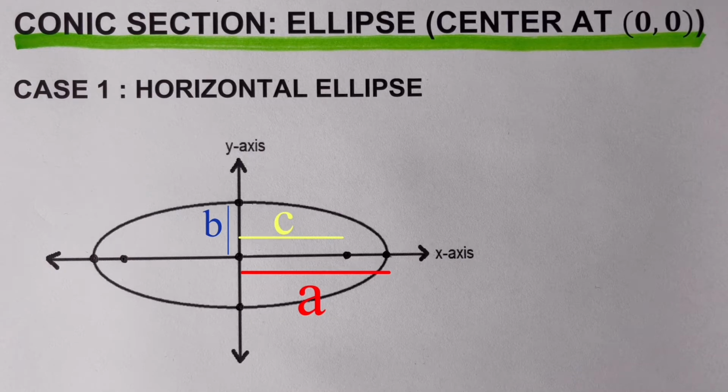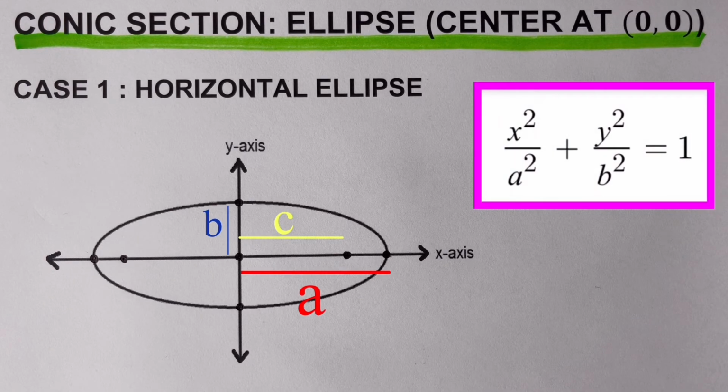Now, using these letters A and B, we can derive the equation of a horizontal ellipse. Using these lengths A and B, we can come up with an equation of a horizontal ellipse, and that is x squared over a squared plus y squared over b squared is equal to 1.